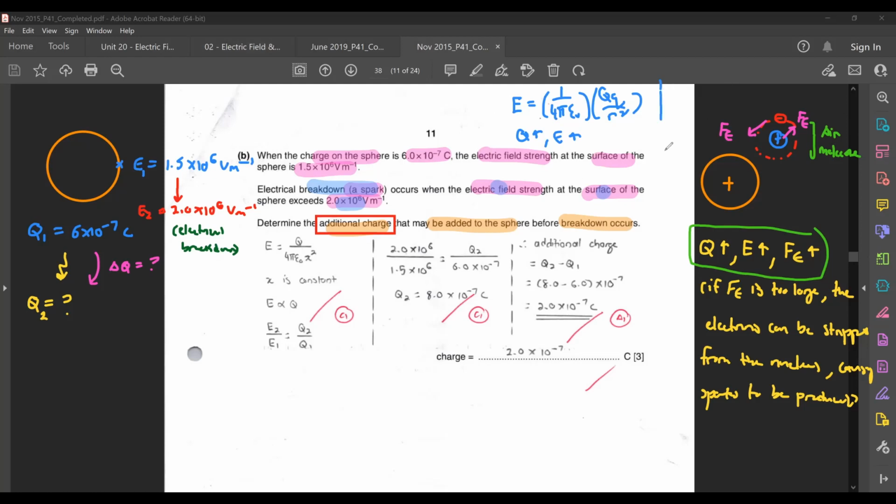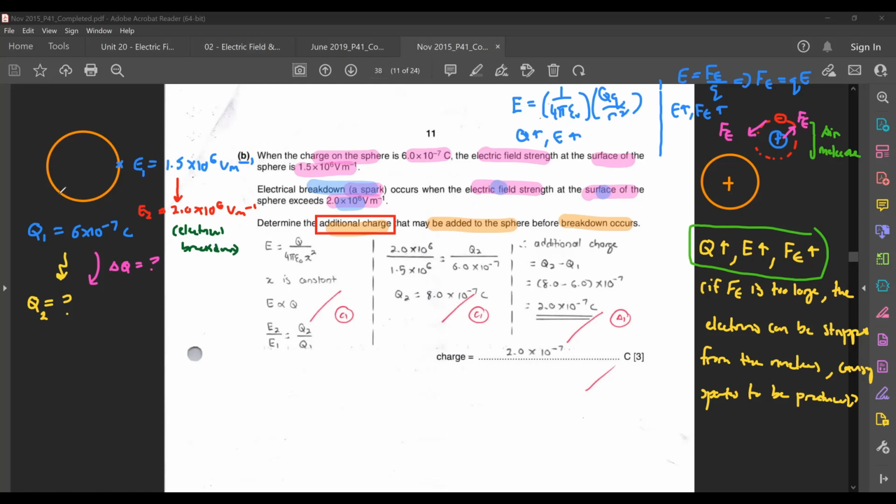And then you look at another equation, E equals Fe over q, which means Fe equals qE. If your E increases, your Fe will increase. Okay, so the relations are actually interrelated with each other. This is just some background knowledge. Now back to the question here.